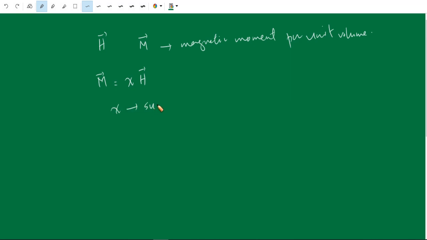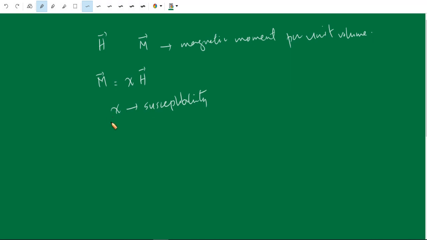If M is the magnetization, which is the total magnetic moment per unit volume of the specimen, then M is given by M equals chi times H, or M is proportional to the magnetic field H. Here chi is the magnetic susceptibility.